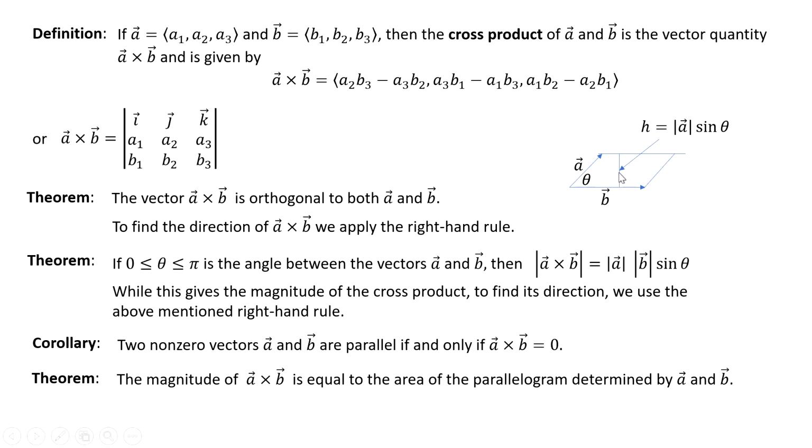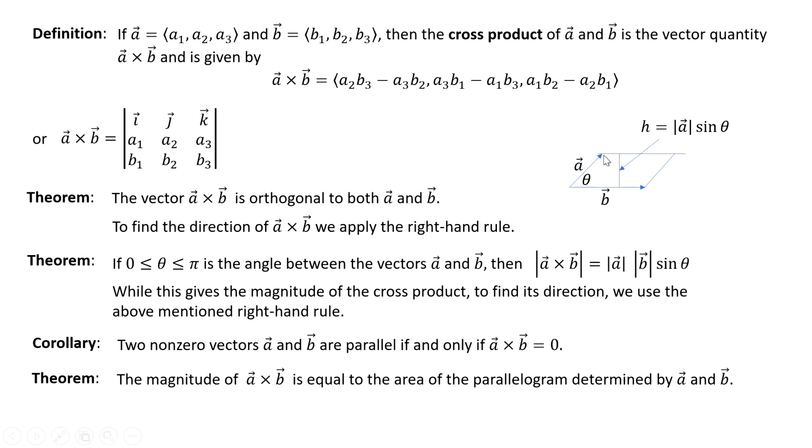Well, let's say this vertical line is perpendicular to vector B, making this a 90-degree angle. If I had scooted this over here so that this forms a right triangle, would you agree sine theta would be h over the magnitude of A, opposite over hypotenuse?